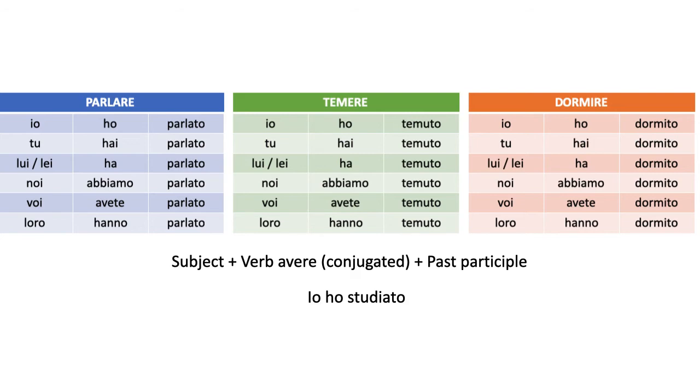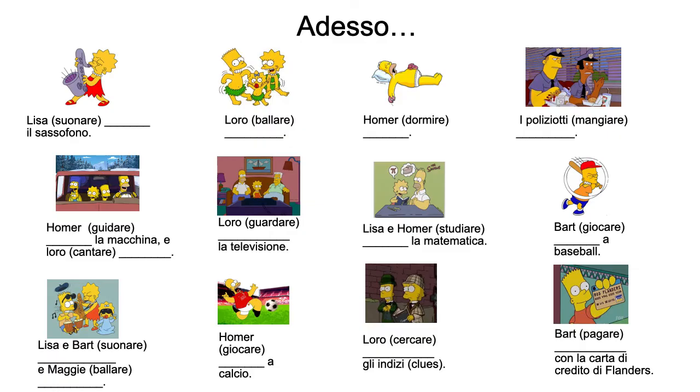Let's do that by talking about what each of the members of the Simpson family and some of their friends are doing in these images. Okay? Now, as you can see, the title of this slide says adesso. Adesso in Italian means right now. What I mean is that I want to say that the things that you see in these images are happening right now.